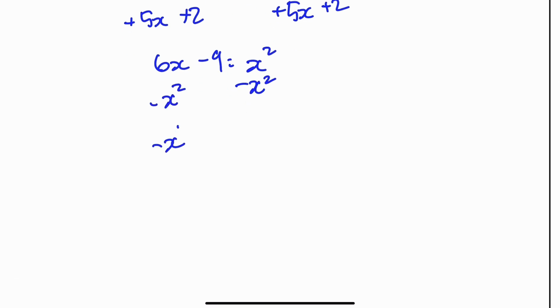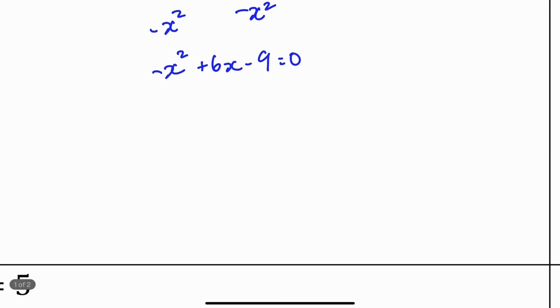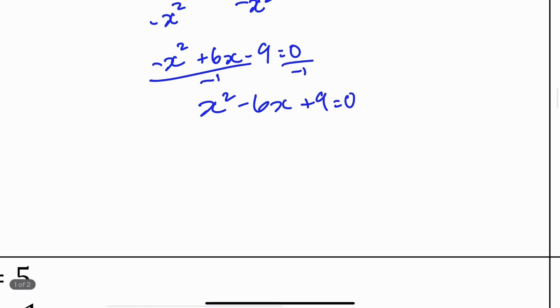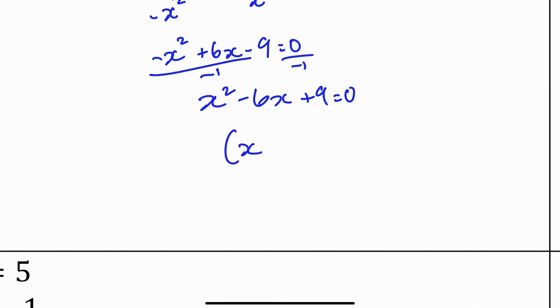We get negative x squared plus 6x minus 9 is equal to 0. Same thing, solving for quadratics. This is also an algebra 1 standard. x squared minus 6x plus 9 is equal to 0 because we divide each side by negative 1. So I get x minus 3 squared is equal to 0, x is equal to 3.